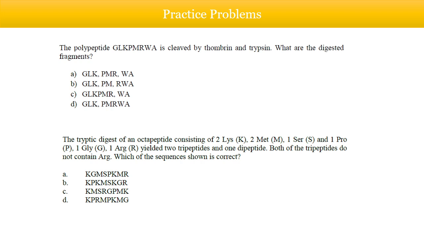So trypsin cleaves after lysine. So we will get GLK and PMRWA after trypsin cleavage. And thrombin cleaves after R. So we get PMR and WA. So you will get three fragments: GLK, PMR, and WA.